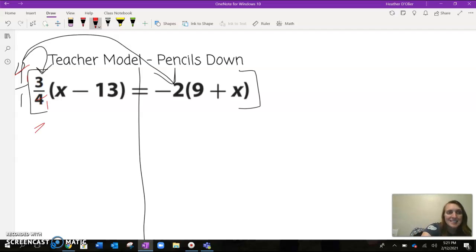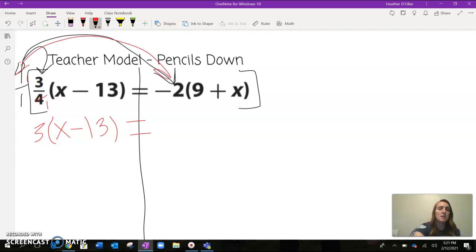That was the whole reason I did this. 3 times x minus 13 equals, okay, well, when I do 4 times negative 2, oh, that's just negative 8. I know that. And then I got to keep what's in the parentheses. This is why the 4 being multiplied by that number included the parentheses, because now I'm going to multiply that number by them.